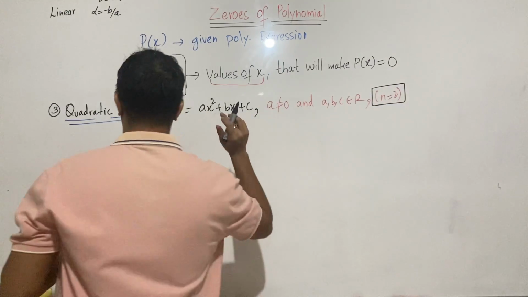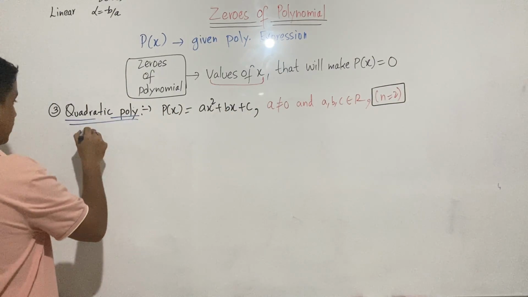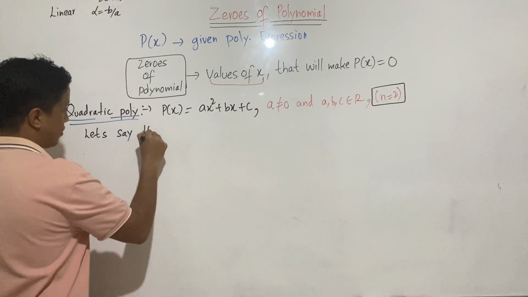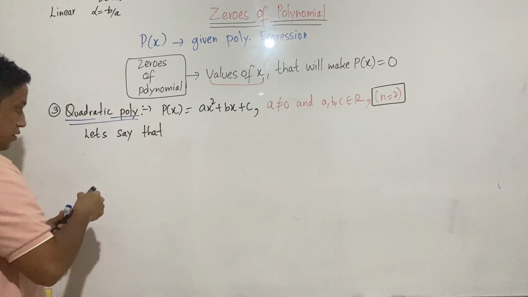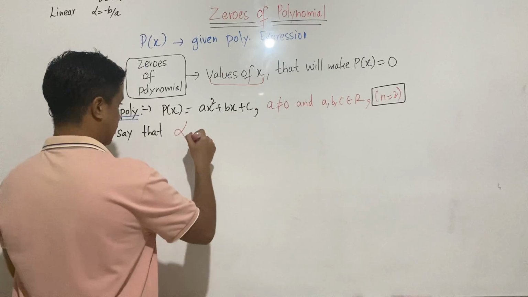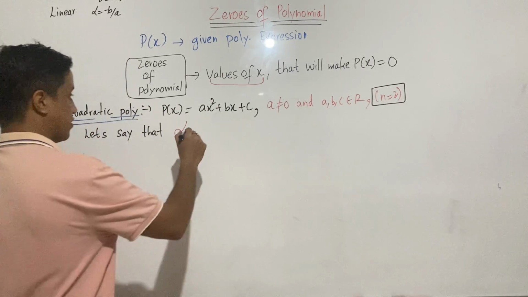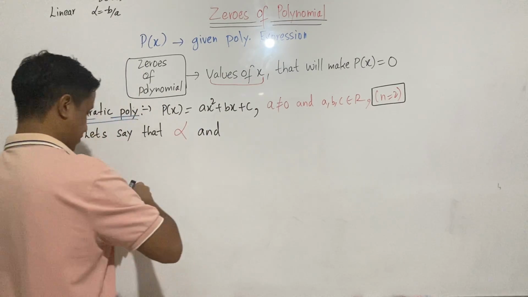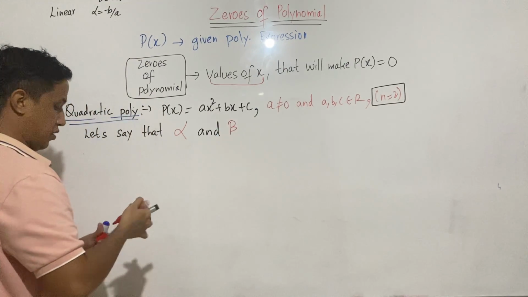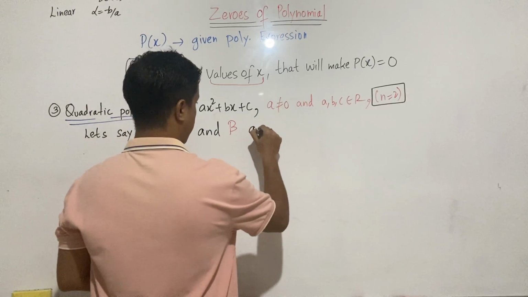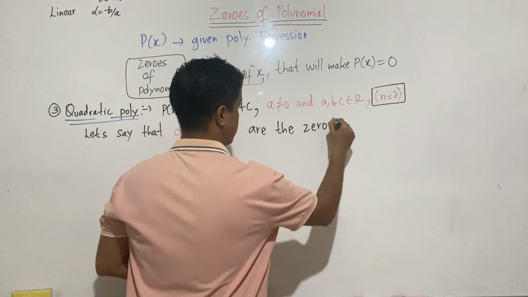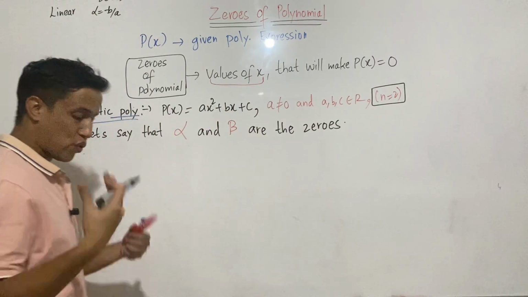So let's say that alpha and beta are the zeros, because it's going to have two roots.